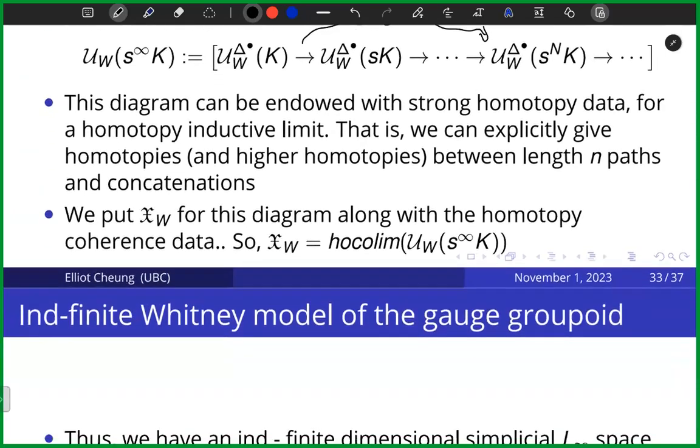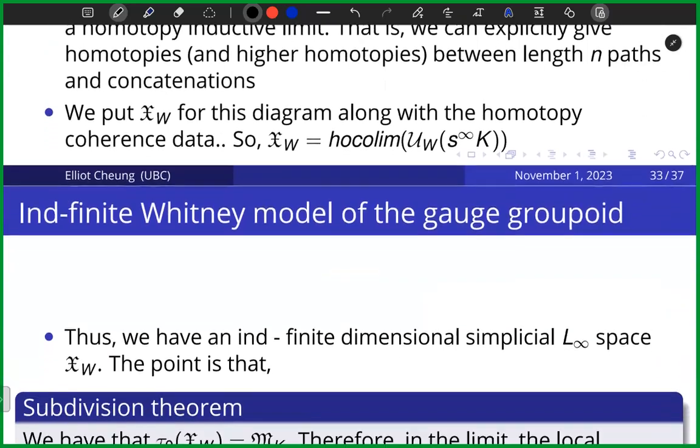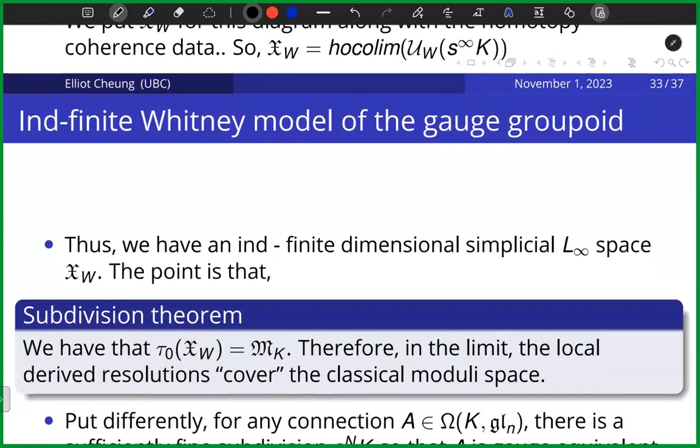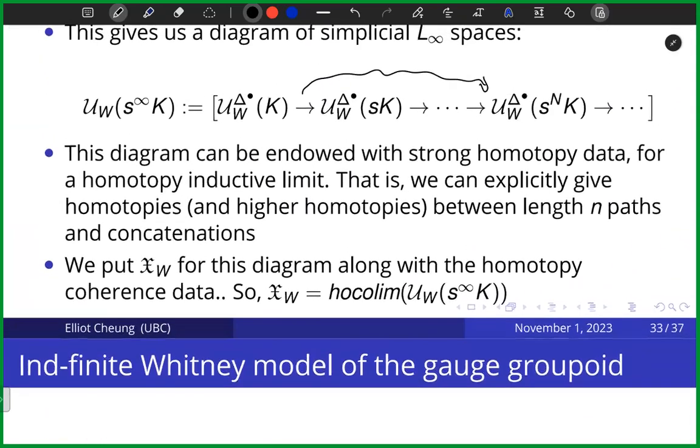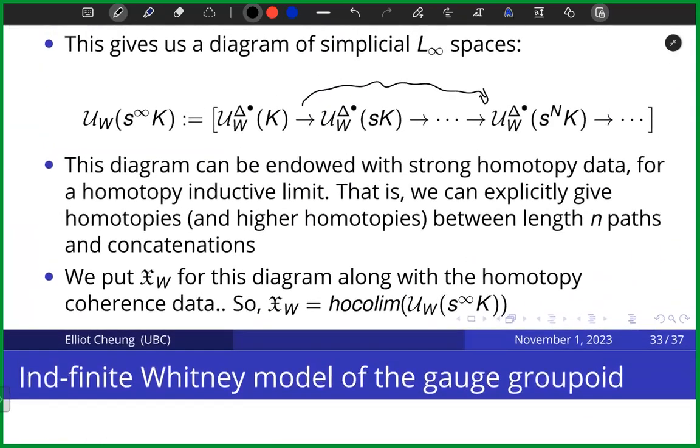So in the end, the kicker is that this ex w is a limit of finite dimensional L infinity spaces, in the sense that all the L infinity spaces that show up in the diagram are finite dimensional, and this thing is the limit of these things.